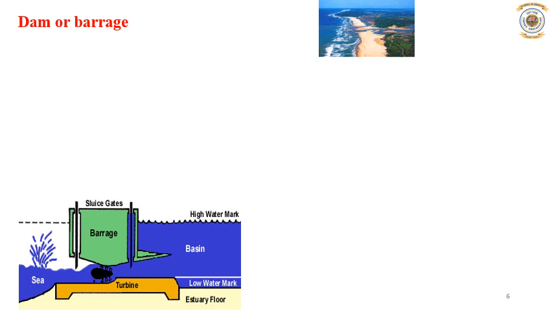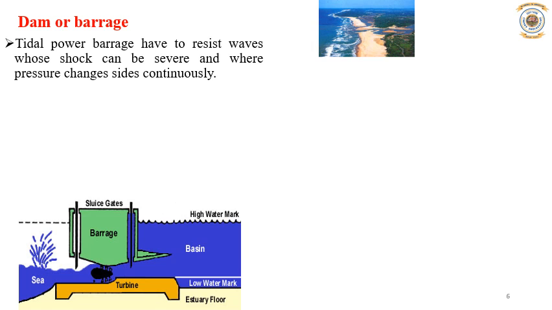Next is the dam or barrage. You can understand what a dam or barrage is by seeing this sketch. Tidal power barrages have to resist waves whose shock can be severe, and where pressure changes continuously.